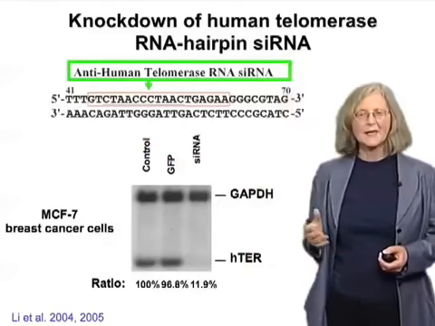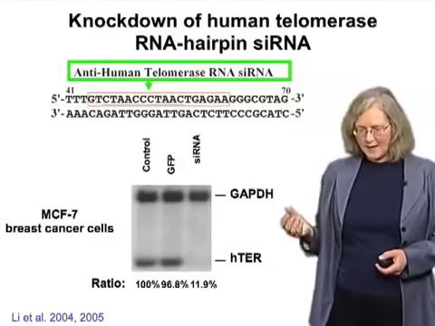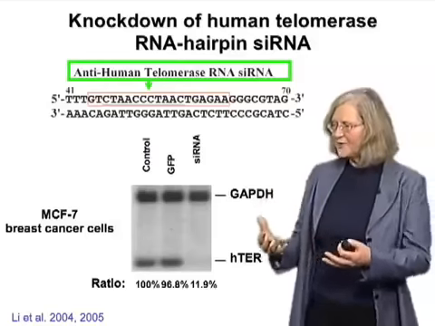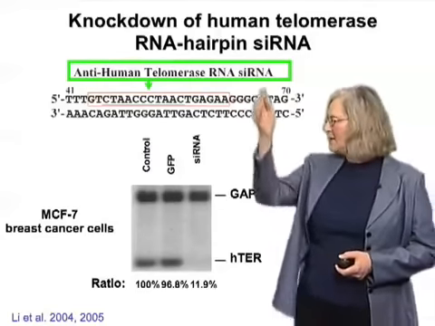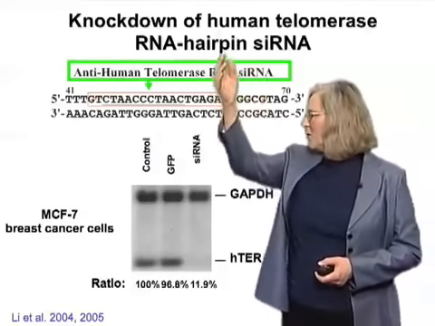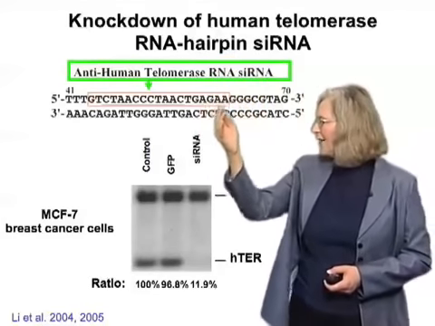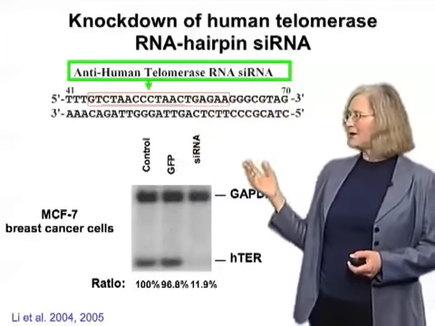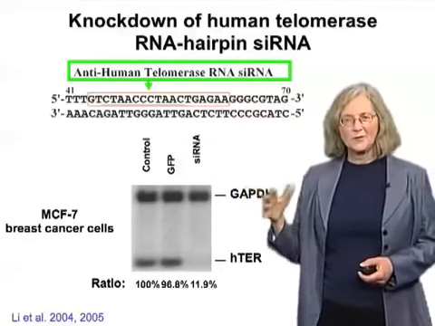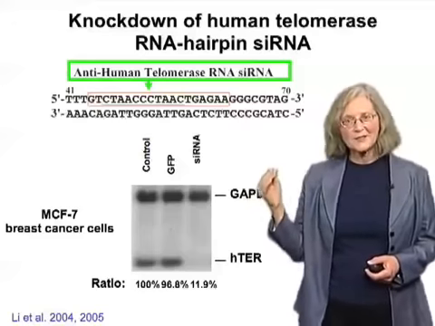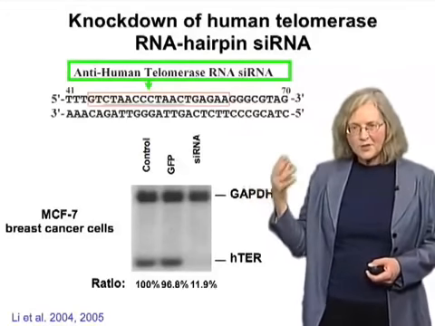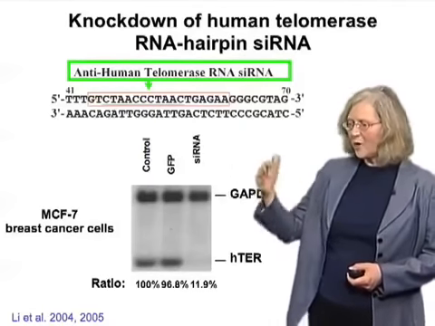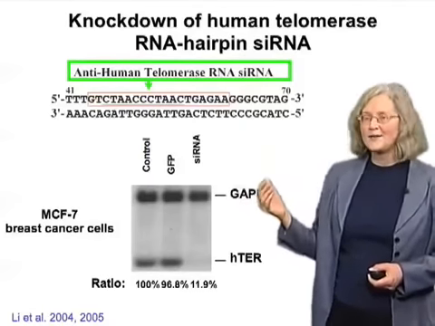Now, the particular technique was to express from a lentiviral vector, which you can introduce efficiently into cells, a particular sequence which forms a double-stranded RNA, and I've just shown the corresponding DNA sequence here, and that double-stranded RNA can interact with a cellular RNA that matches its sequence and eventually cause the breakdown of that RNA through a complicated process known as RNA interference.